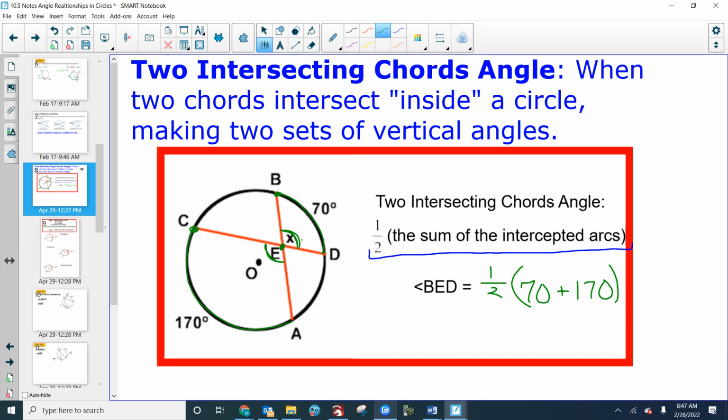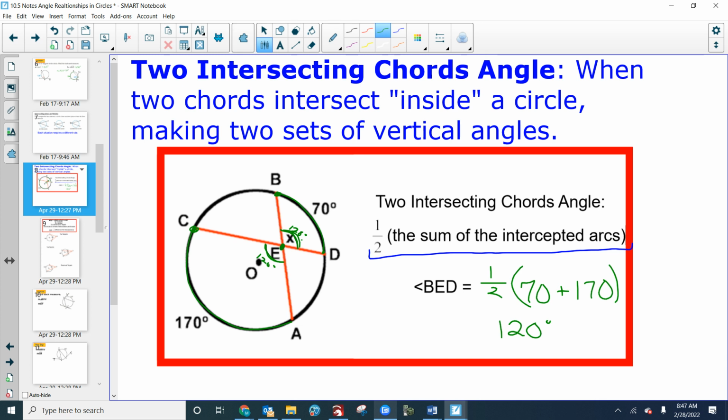What's 70 plus 170? 240. What's half of 240? 120 degrees. So this angle is a 120 degree angle. Its vertical pair is 120 degrees. The linear pair would be 60.